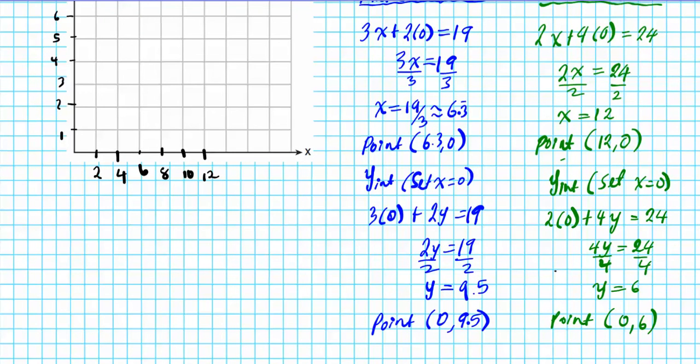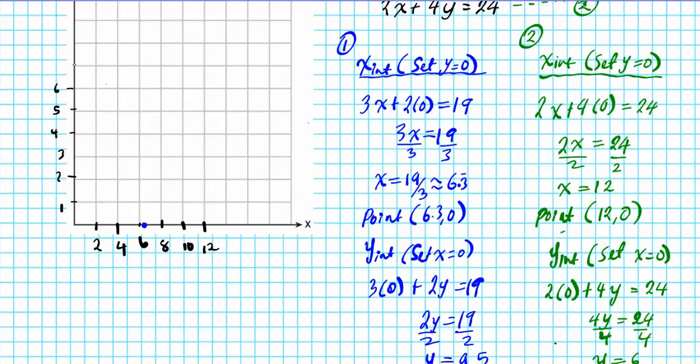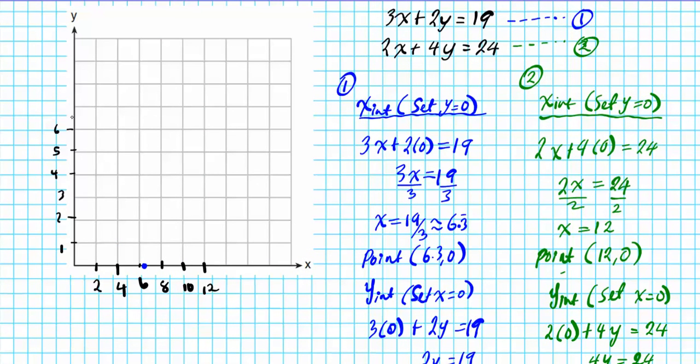6.3 is somewhere here, and 0. And then the other one, 0, 9.5. So 6, 7, 8, 9, and 9.5 is dead in the center. That's the first line. Just connect the two dots, and that's the line for Franco.